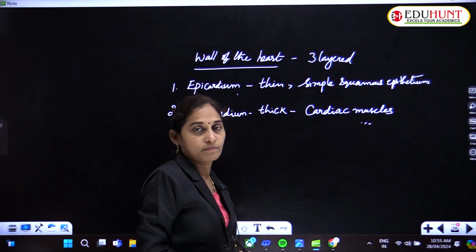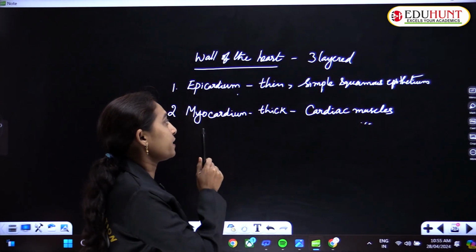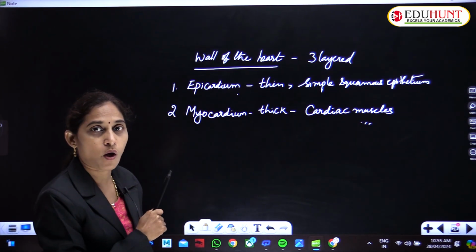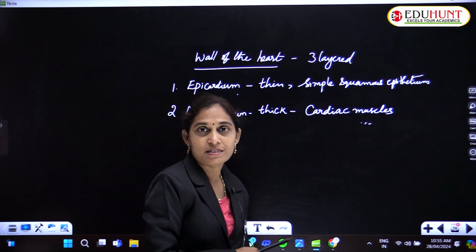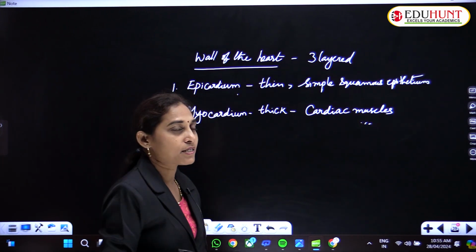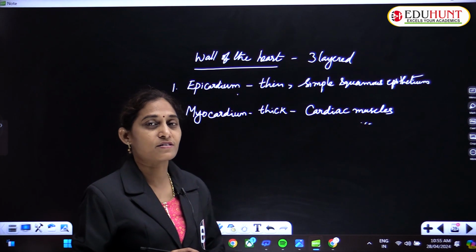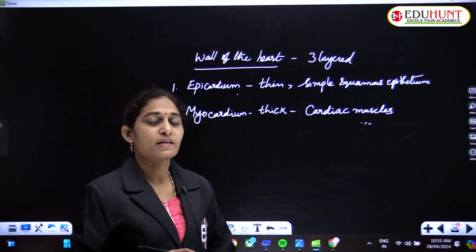The second layer of the wall, the myocardium, is the thick wall. It possesses cardiac muscles, and the cardiac muscles contract and relax. Their contractions are involuntary.